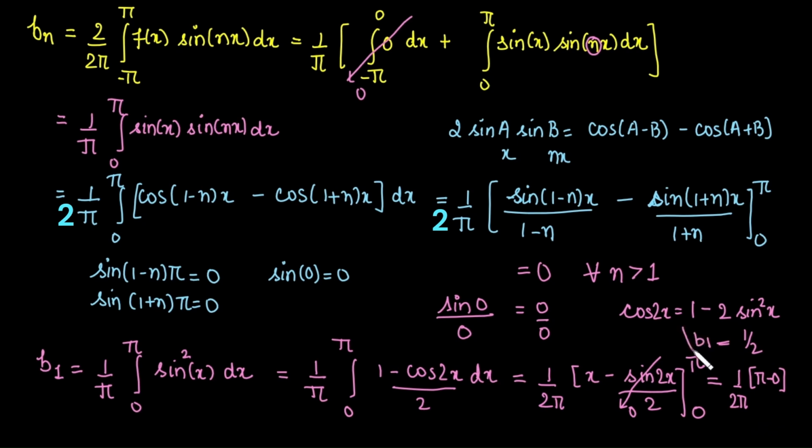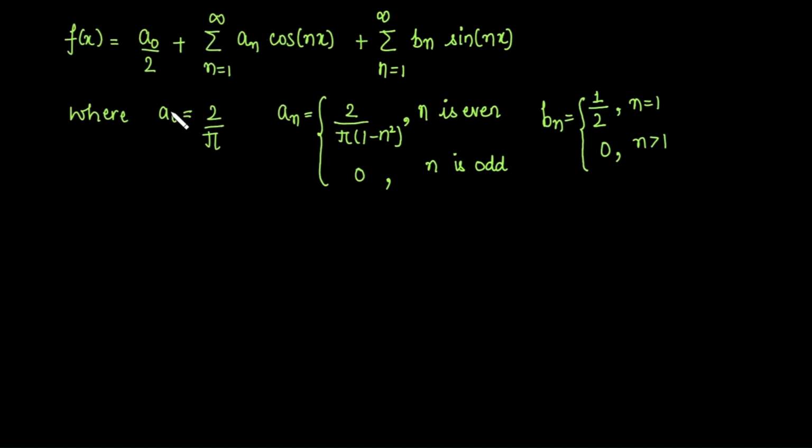So the value of b1 in this case is 1 by 2, whereas Bn is 0 for every n greater than 1. Till now we have calculated A0, An and Bn. Now we are going to write the Fourier series expansion. From here we can write this as equal to A0 by 2 plus, expand this.